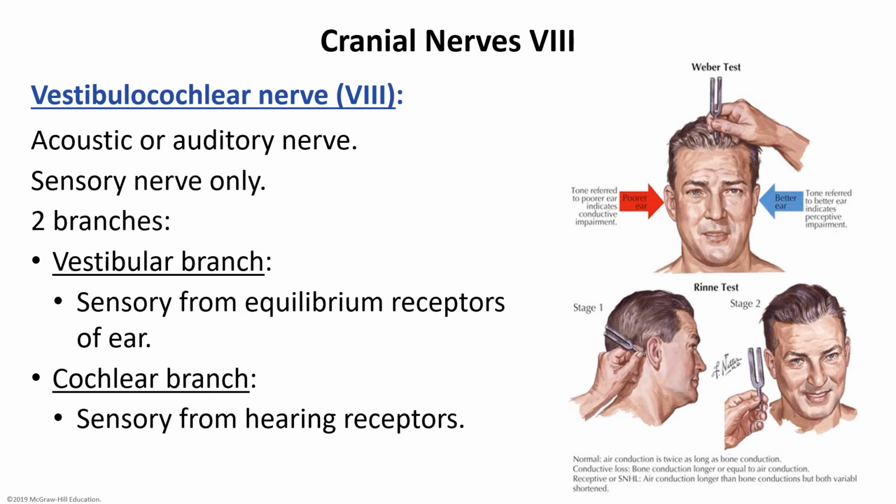On the Rinne test, you put the tuning fork, after you've struck it, on the mastoid. Once they stop hearing it on the mastoid, you pull it in front and test the air conduction, and you let them listen to that. It should be roughly twice as long that you hear it by the ear, by air. And you test that again bilaterally.